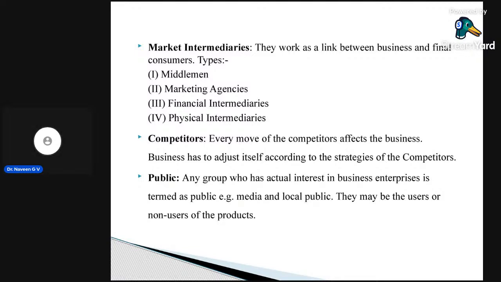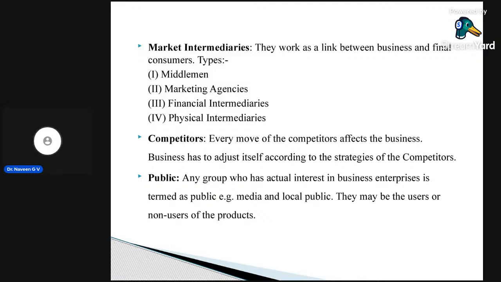Then public: any group which has an actual interest in the business enterprise, such as media and the local public, who may be users or non-users of the products. The media is a group of people who are the ultimate users too. As we know, without the media we can't advertise the products.